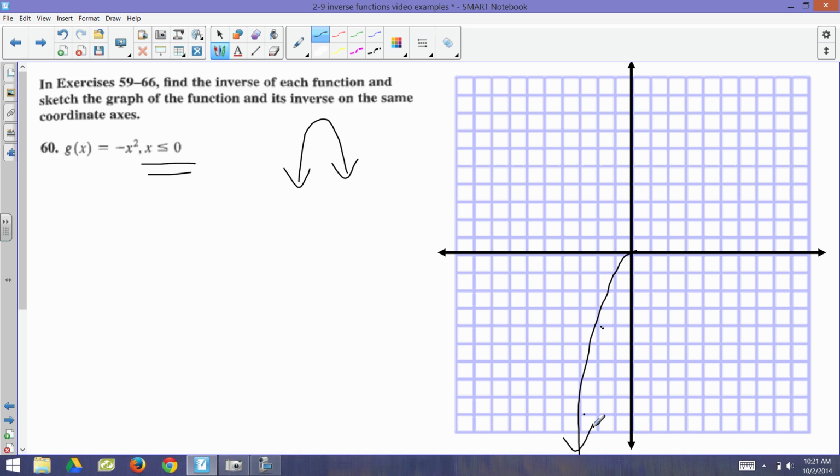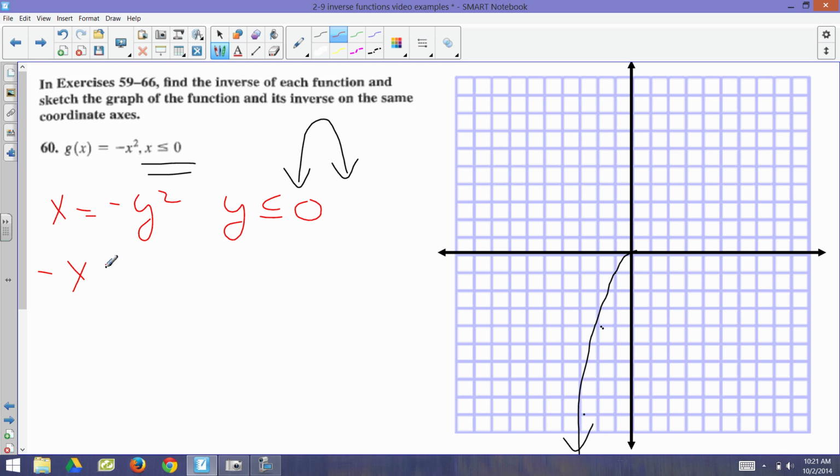Now, let's find the inverse. So to find the inverse, instead of y is equal to, it's x is equal to negative y squared. And remember, y now has to be less than or equal to 0. So solve the equation. Take your square root of each side. Actually, probably multiply or divide by negative 1 first.